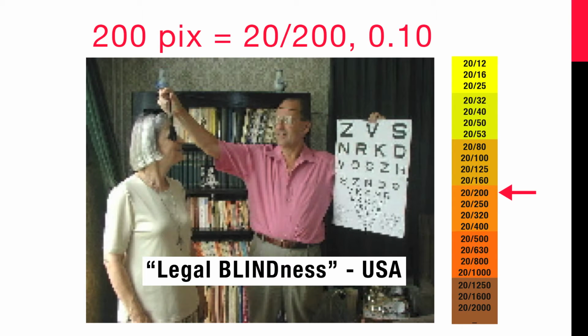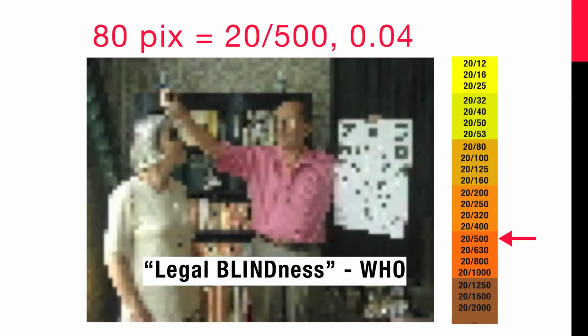This is the image that is called legal blindness in the USA, but you see that it's far from blindness. This is legal blindness for the World Health Organization and for most European countries, but it's still not blindness.